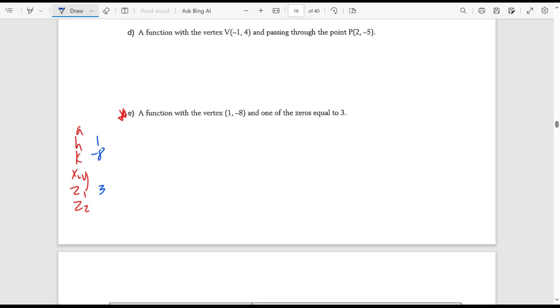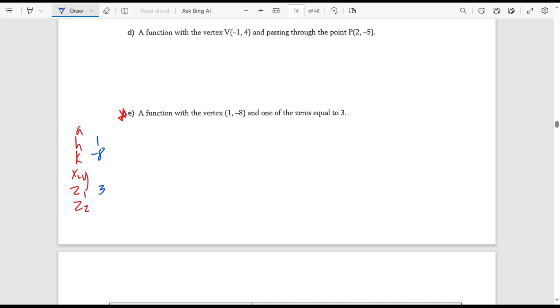So what I'm going to suggest, if you get a question that looks like this and you freeze and you're like, I don't have enough information to solve it in vertex form, and I don't feel like I have enough information to solve it in factored form, is to just see if we can figure this out for a second.